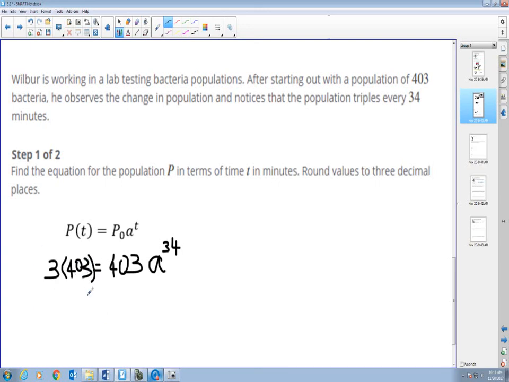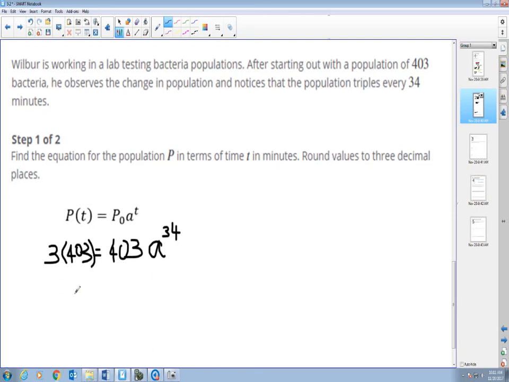The next 34 minutes, it will triple again. So we can use that concept, knowing that after the first 34 minutes, the population will be 3 times the initial, to help me define the base A.